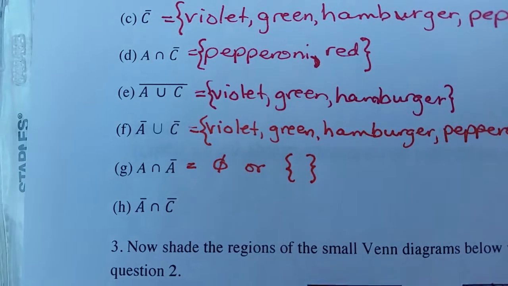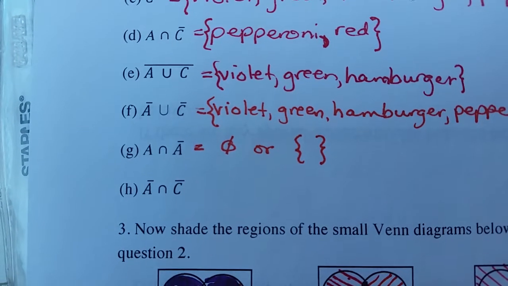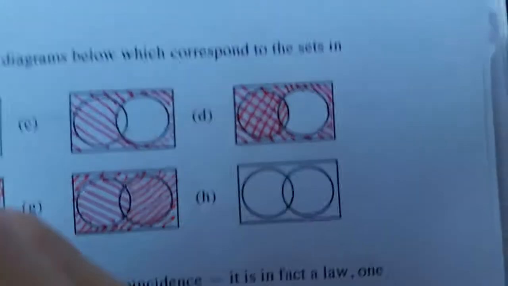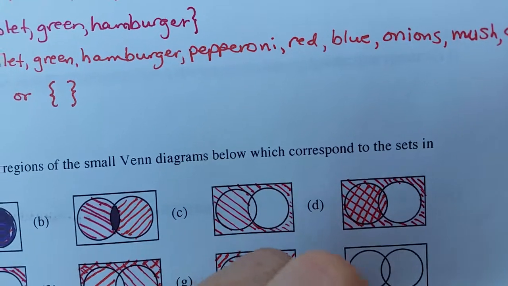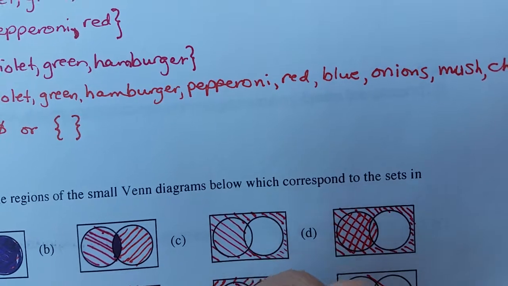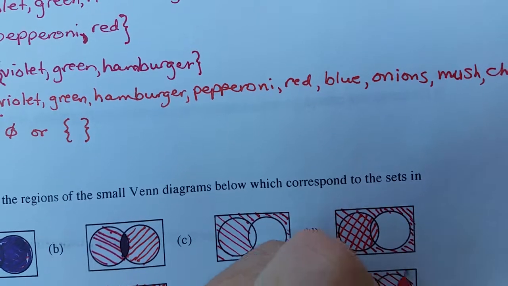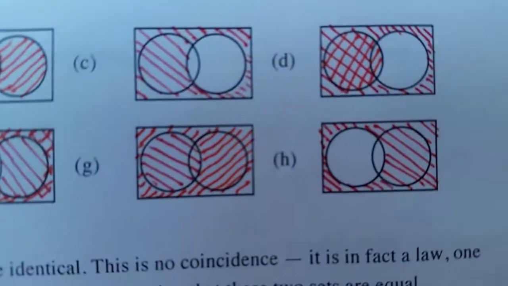All right, and then H, now we're looking for A complement intersection C complement. So first we'll color A complement, so that's everything outside of A. All right, there it is.